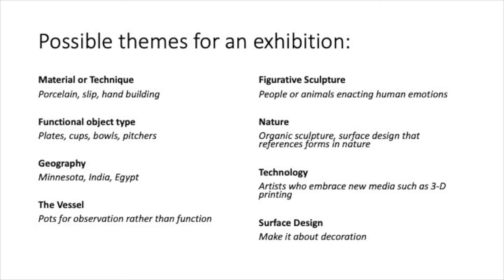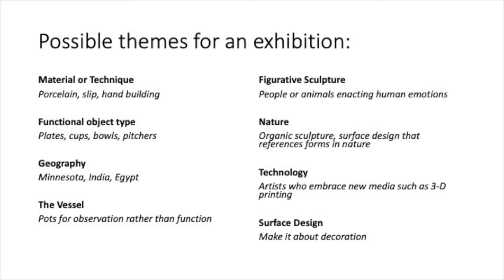You could have a show based around object type, whether that's plates, cups, pitchers, or bowls. You could have a show based around geography, which is going to require probably a little more research on where the artwork comes from. You could have a show about the vessel as a pot for observation rather than something that would be a functional everyday item. You could do figurative sculpture. There's a lot of people that do human figures and also animal figures in clay.